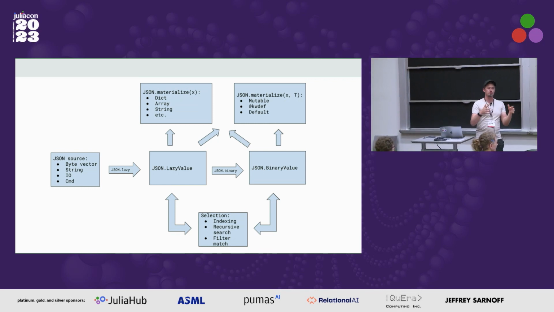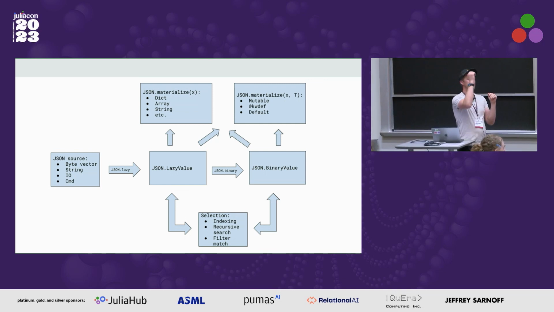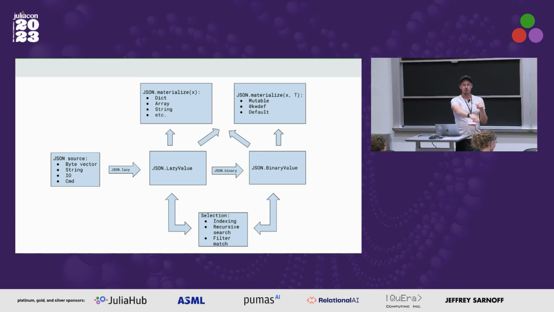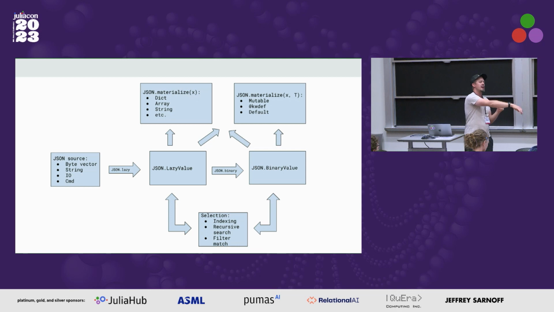It's not super widely used or known, but it's a similar idea where you're saying, I have a JSON blob, I want to navigate down a maybe deeply nested structure and pull out specific values. Or I want to recursively search and return a list of values. Or I want to match on a custom function as I navigate JSON. And that's fully supported in this new model, and it's built generically so that it works on these lazy values.